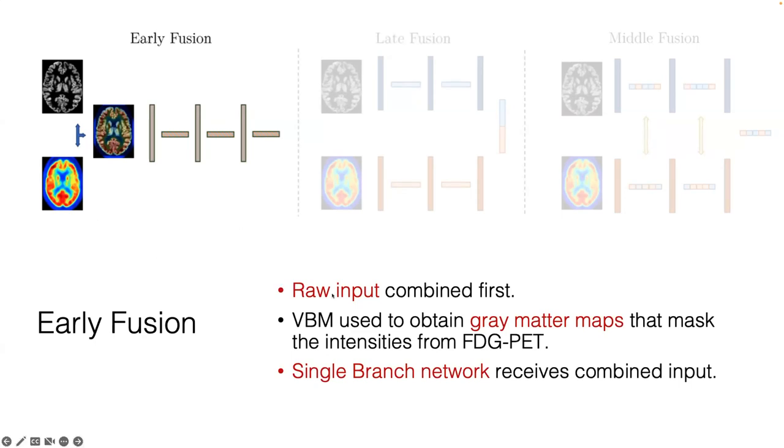Then using VBM, or voxel-based morphometry, we obtain gray matter maps that mask the intensities from the PET scan and combine to give us this combined MRI and PET scan image here. Then this image is fed into this single branch network, which receives this combined input. So that's the idea of early fusion.